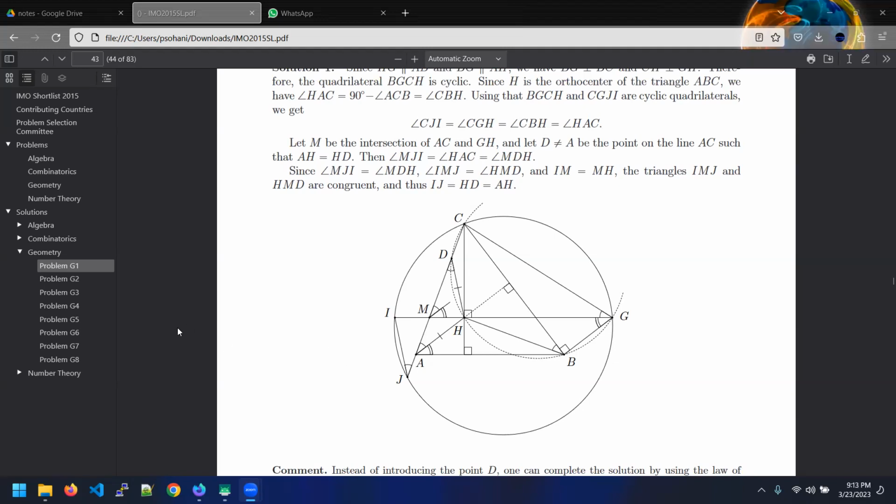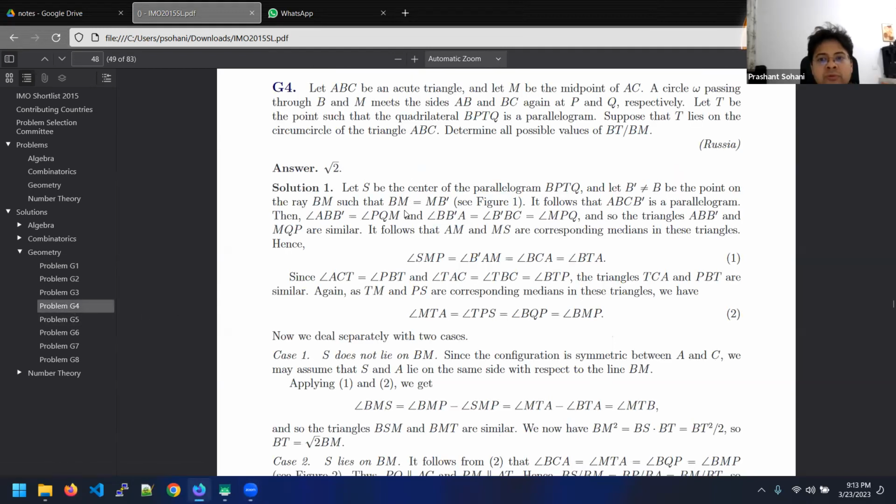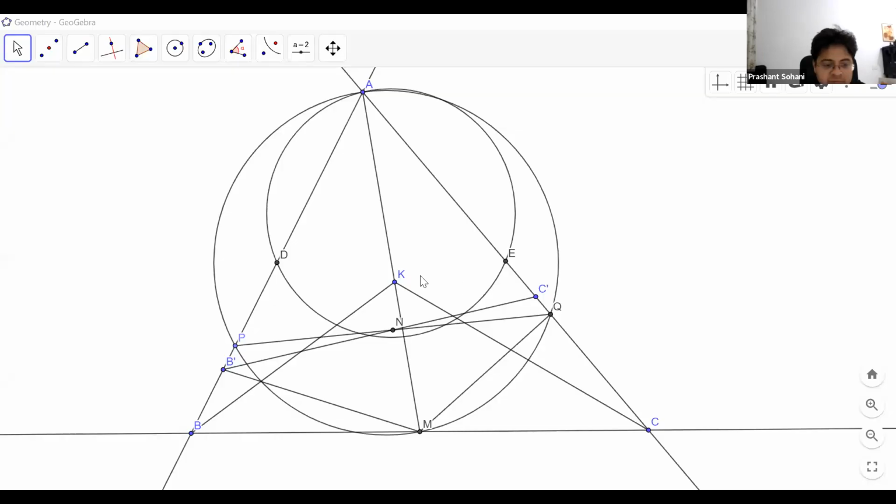Okay. So I have a different solution for G4. Can I show? Yes, go ahead. Can I share my screen? Yes, go ahead. You have disabled it. Oh, sorry, let me try now. Okay.